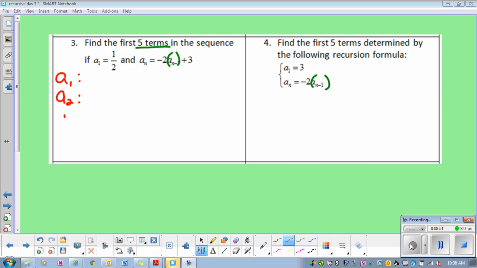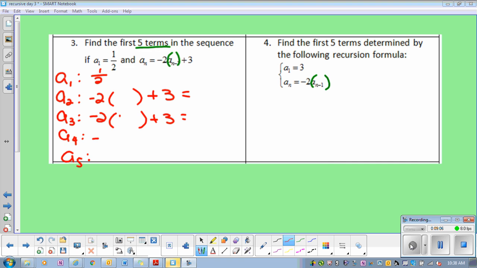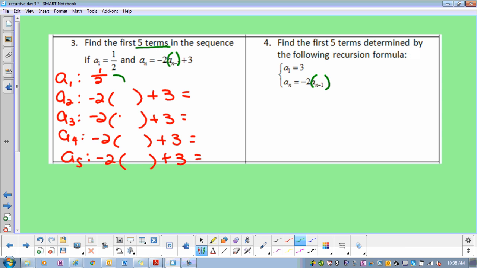1, 2, 3, 4, 5. So for the first number, we have 1/2. Then we do -2 times the number before. Plug it in, right?